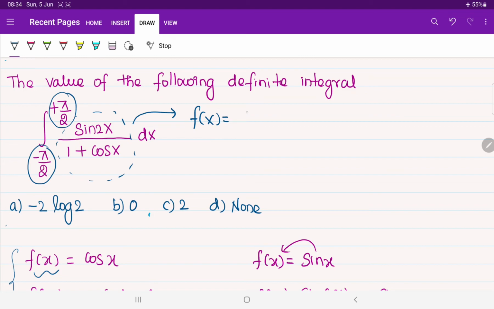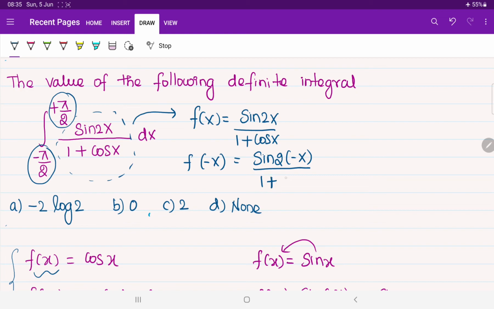Let us cross check whether it is an even function or odd function. F of x is clearly defined as sin 2x upon 1 plus cos x. Now, if I am replacing x by minus x, let's see what will happen. Then this will become sin 2 times minus x, of course that is minus 2x only, divided by 1 plus cos of minus x.